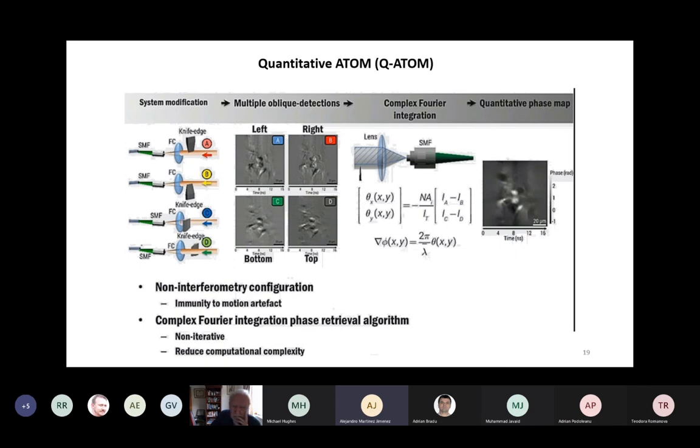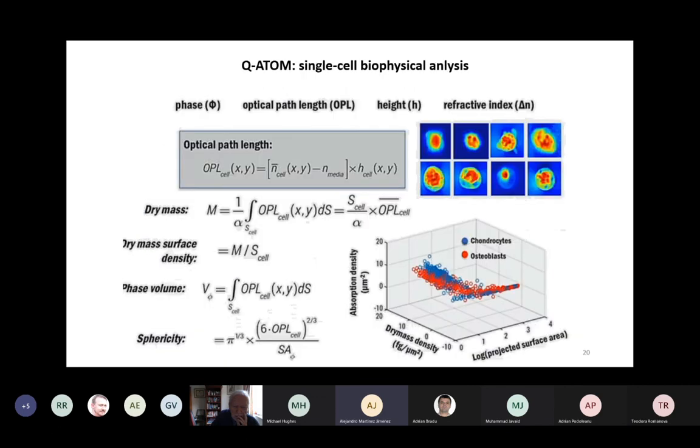And then they have measurements of the cell with multiple oblique detection angles. From these images, they can obtain the phase gradient of the cell by this simple math. After getting this phase gradient, they use complex Fourier integration to obtain the quantitative phase map. And this is very rich in information.